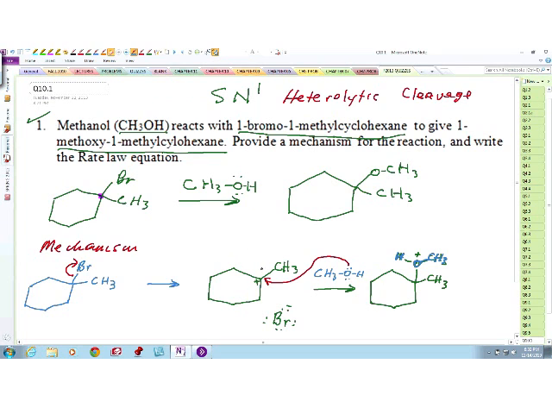Now, at this point, the bromide here will come, and simply the bromide will act as a base to grab the proton, and the hydrogen-oxygen bond will break heterolytically, so that the electron pair will go to here. Don't forget, I have one electron pair here, and so we therefore get this final product.